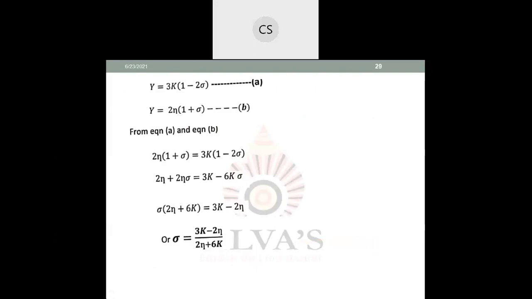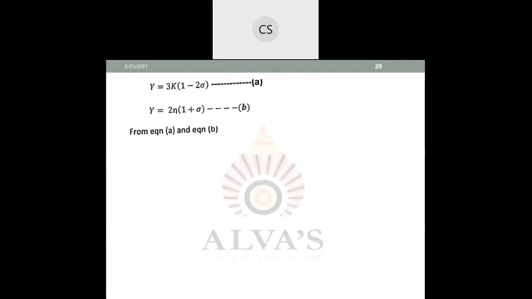Slightly moving forward, we take the previous expressions A and B and try to get one relationship, as we have done.